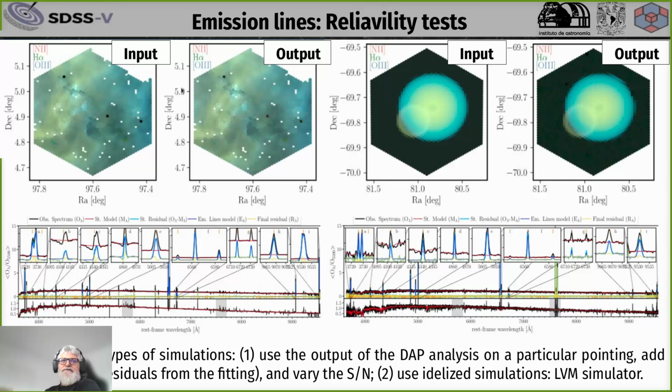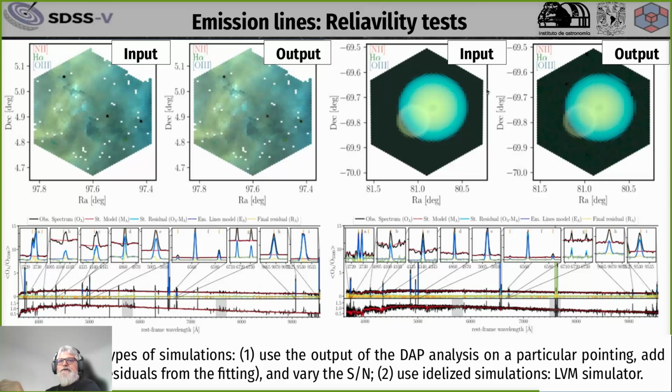And this is a simulation created using the LVM data simulator, using well-known physical properties. It's a nebula that is ionized by a star or a group of young stars, and that's the typical H2 region.